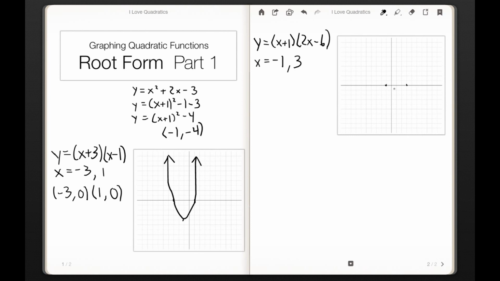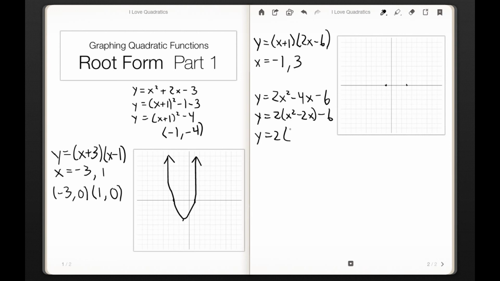So now that we have those and we see where the graph crosses the x-axis, we just have to find the vertex by multiplying this out. So we get 2x squared minus 6x plus 2x, so minus 4x minus 6. Now we complete the square. We factor out a 2 from the first two terms.